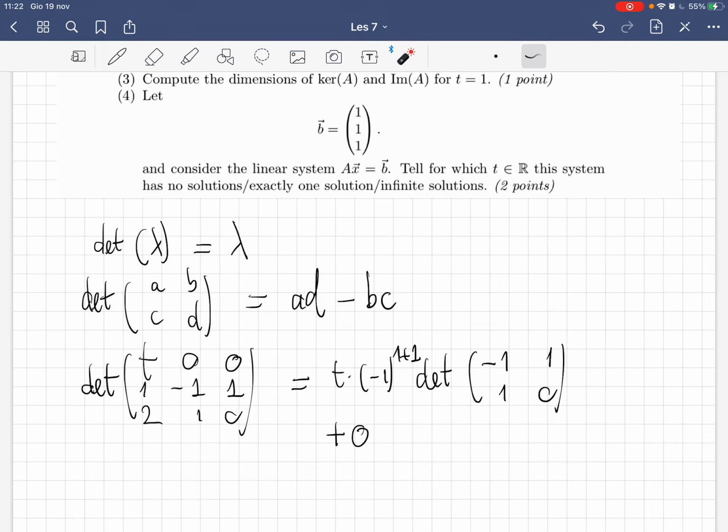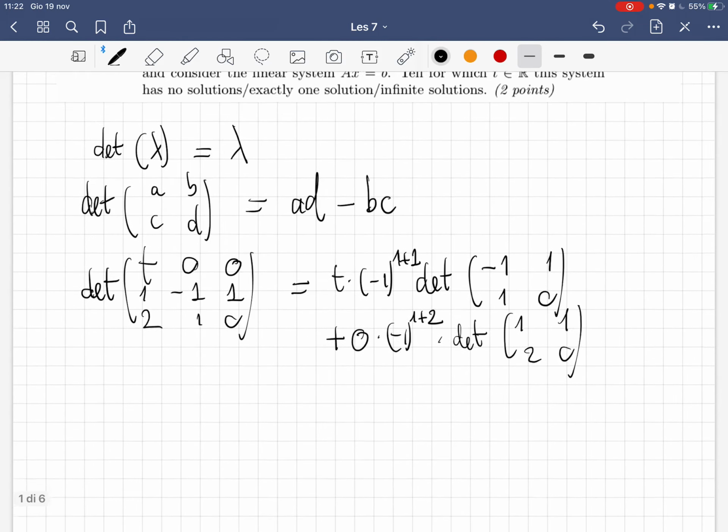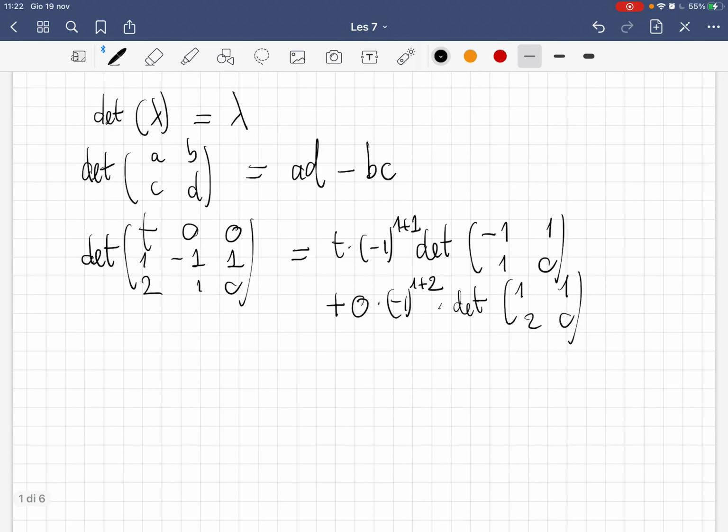If you follow again this row, then you have 0 times minus 1 to the row plus column index times the determinant of what's left by erasing this and this, which in theory is 1, 1, 2, 0. In practice, it's not really necessary. Then you go on following this row and this 0.